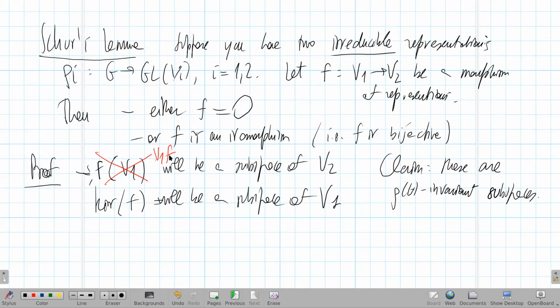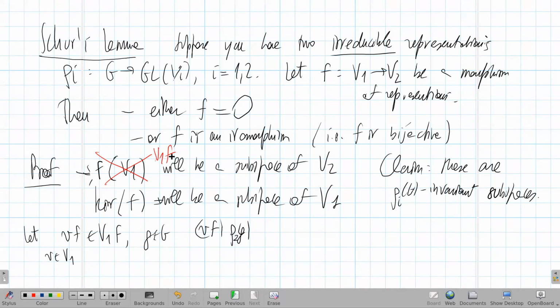So we'll take an element in V1F. So V is in V1, okay? And you take g in G. Sorry, rho 2. Okay, rho invariant subspace is just something in a second.